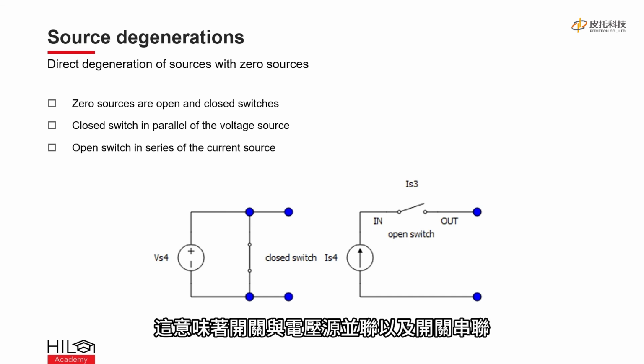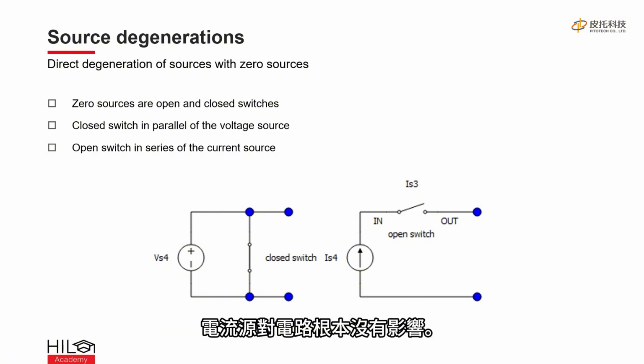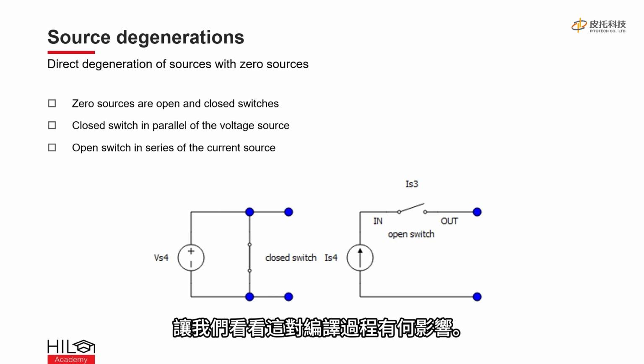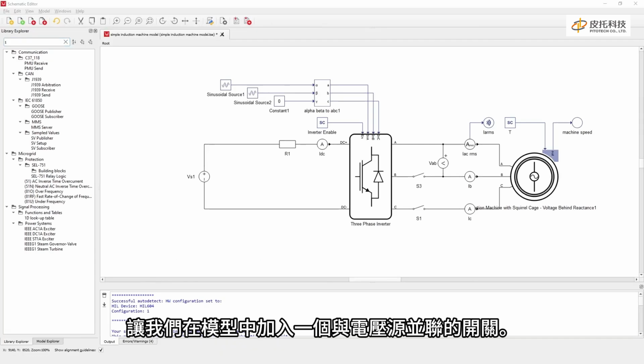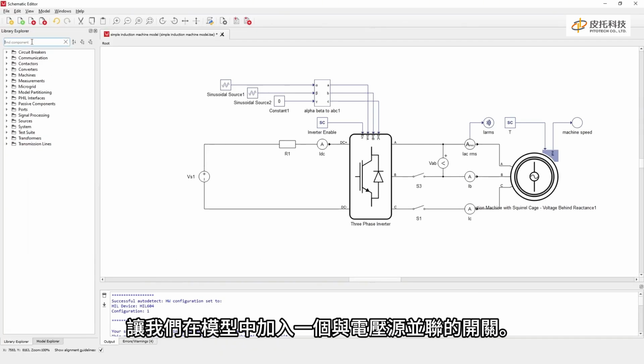This means that having switches in parallel with voltage sources and switches in series of current sources has no effect on the circuit at all. Let's see how this impacts the compilation process. Let's add a switch in parallel to the voltage source in the model.